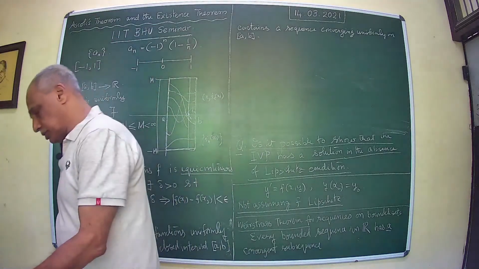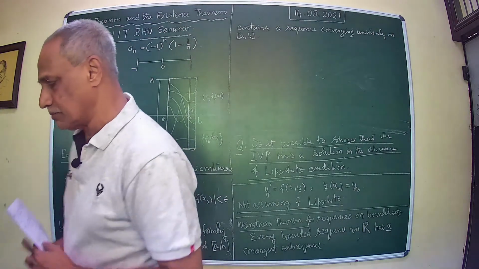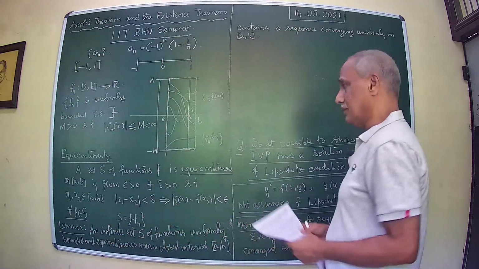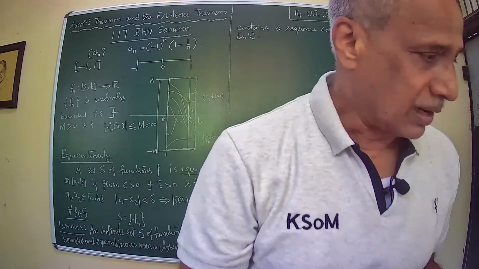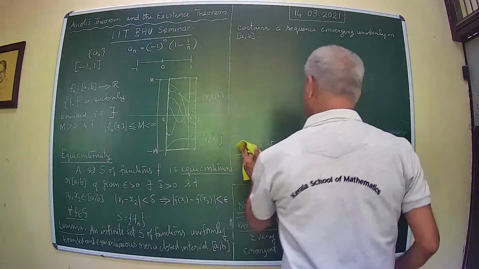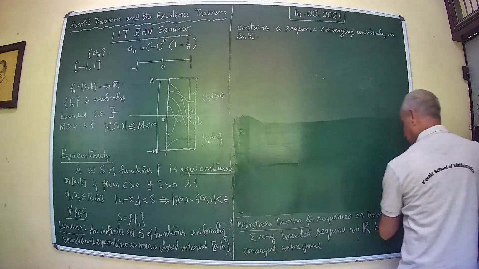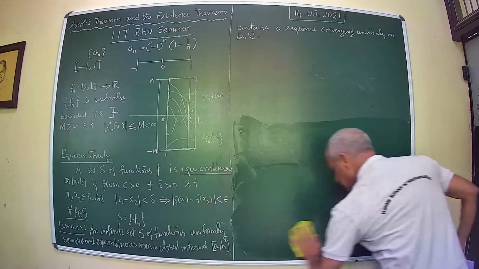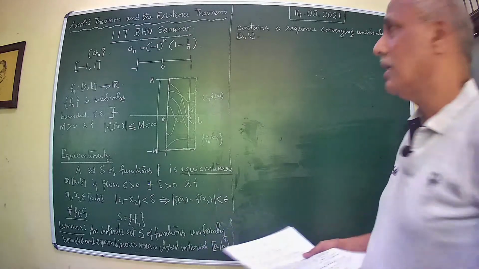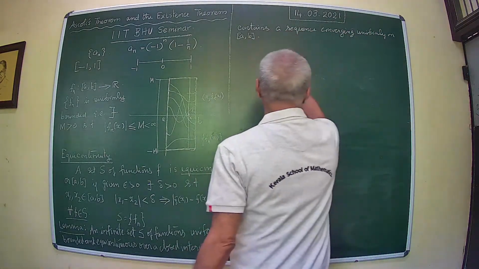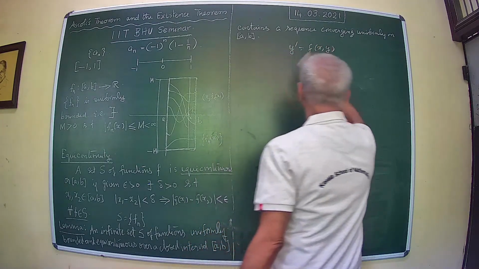Now this is the tool that we will be using in answering this problem. So we are going to knock out this Lipschitz condition from our consideration. Let me work that out and make the statement as well. So I think the problem is clear. You have y' = f(x, y).